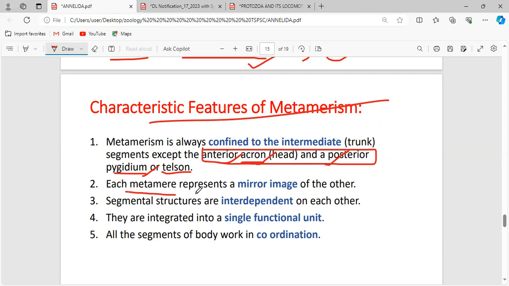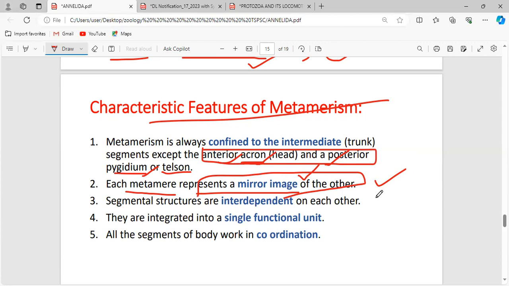And each metamer represents a mirror image of the other, which means what? The organs or important structures which are present in the fifth segment will be present in the sixth segment also, in the seventh, also in the eighth. Like that, all the segments have more or less the same structures. That is why each metamer represents a mirror image of the other. That is the meaning of this point.